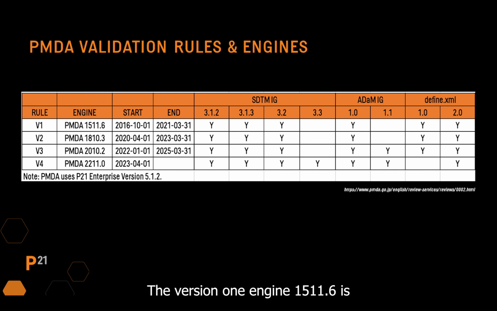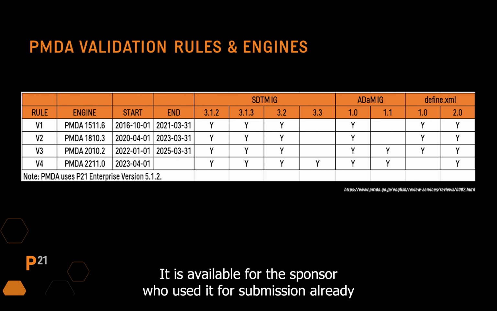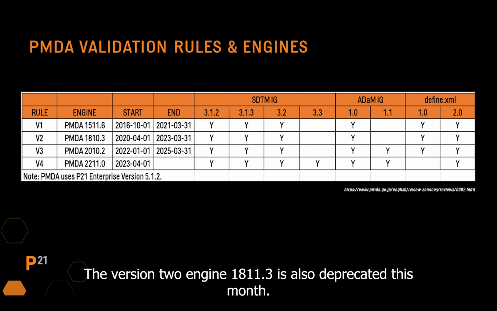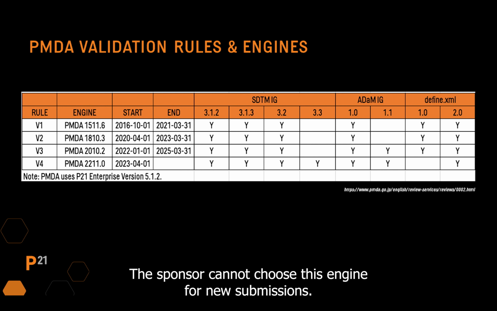Version 1, engine 15.11.6, is already retired, deprecated. It is available for sponsors who used it for submission already while this engine was valid. Version 2, engine 18.11.3, is also deprecated from this month. Sponsors cannot choose this engine for new submissions.